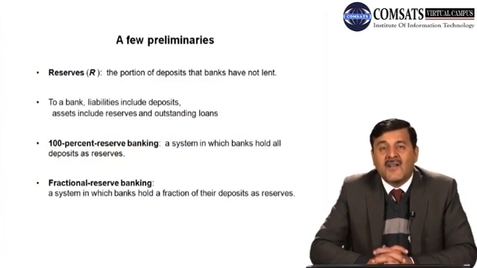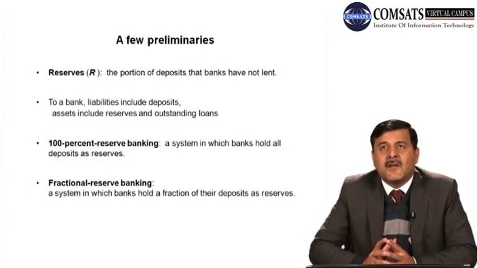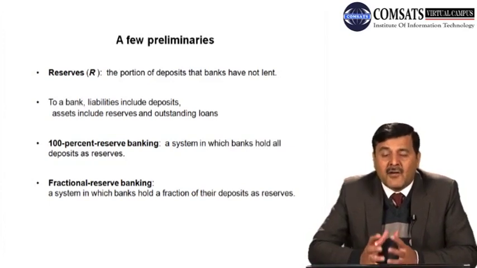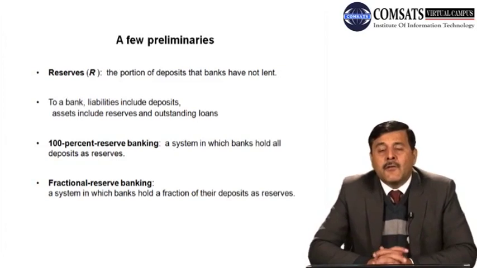So they do not lend all of the deposits, they do not give loans to the people from all of their deposits. They keep a certain proportion of the deposits with themselves as reserves. The portion of funds or deposits that banks keep with themselves and have not lent to the people is known as the reserve, and we denote reserves by R.